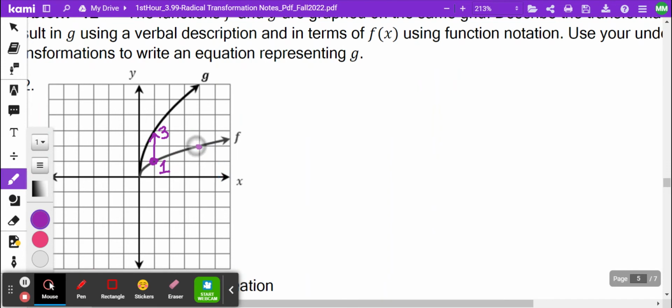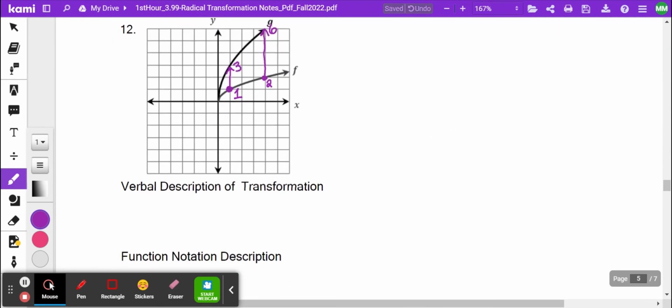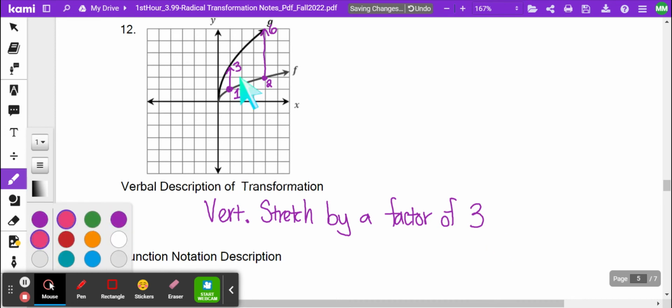It started right here at a value of 2, but then it went all the way up to a value of 6. So when we think about that, that is a vertical stretch by a factor of 3 because it was multiplied by 3.